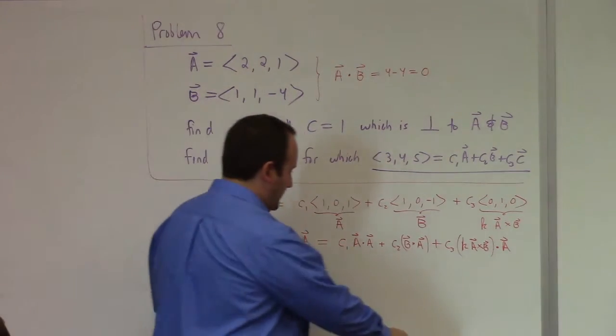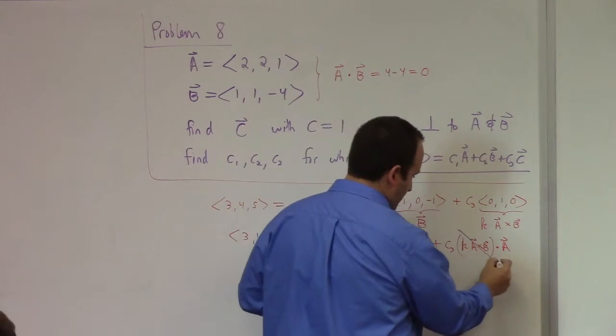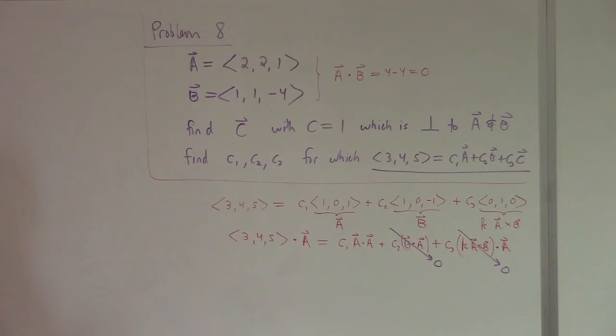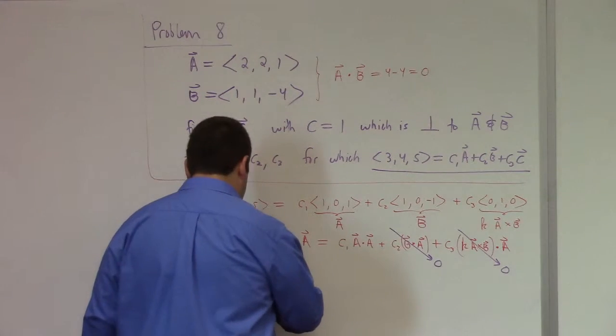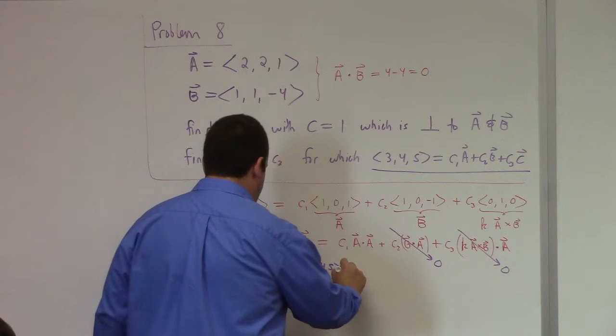Yeah, these pieces are 0, because A cross B is so constructed as to be perpendicular to A, right? So the dot product with A is 0. Aha! So what we really have then is C1. See, C1 is just equal to 3, 4, 5 dotted with A, which was what?